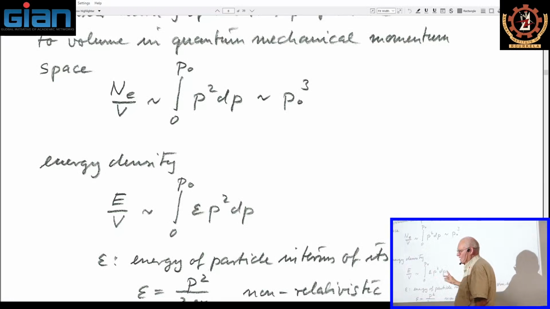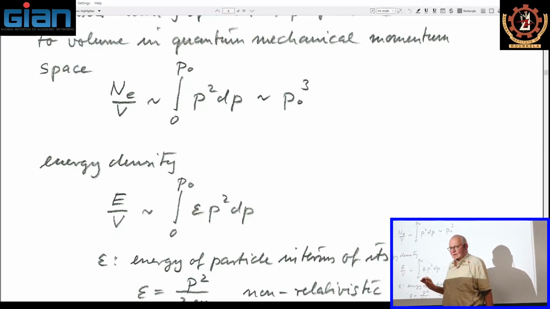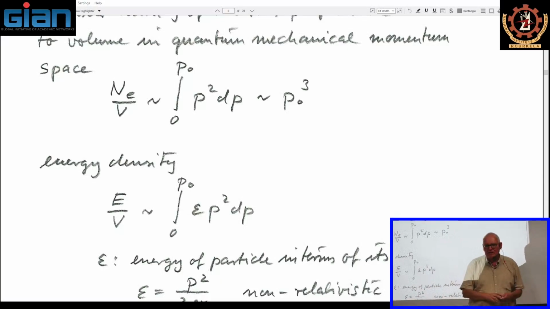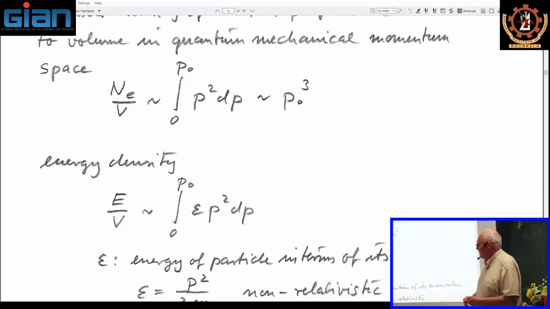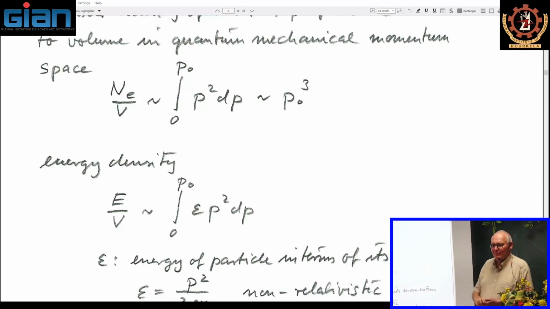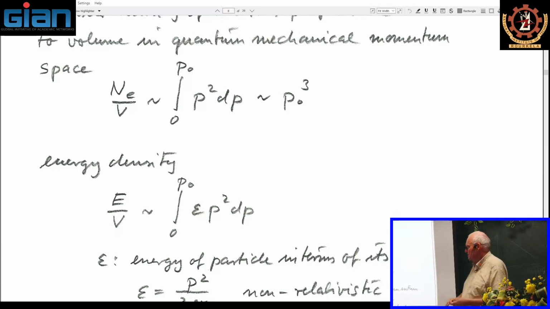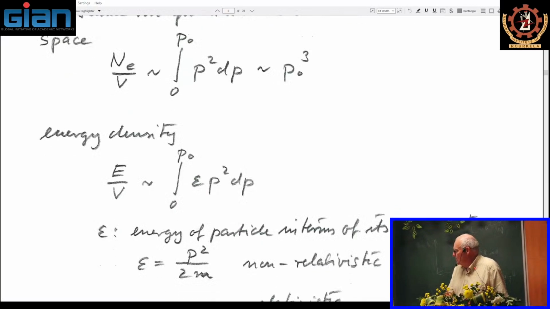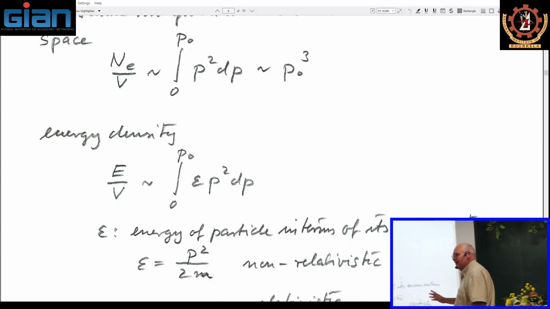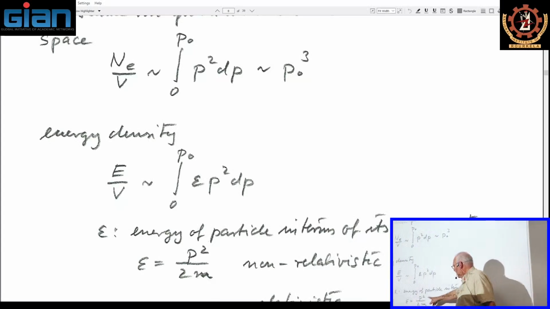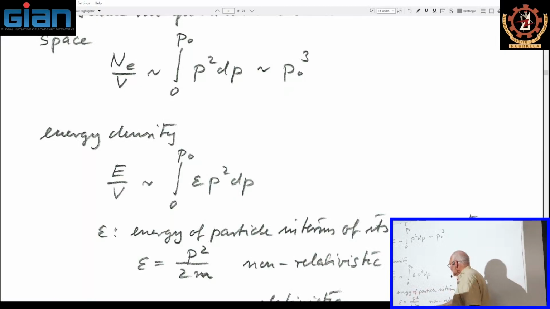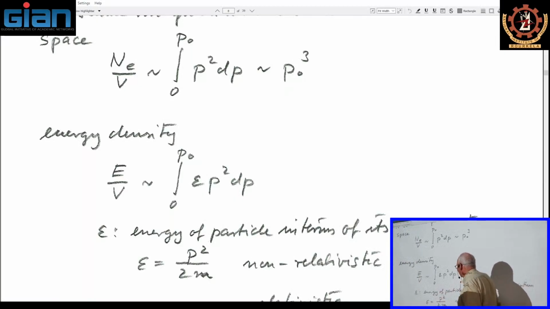Well, now we have to distinguish between the properties of the particles and the relation between the energy and the momentum of the particle. If the particle is a classical, non-relativistic particle, then epsilon, the kinetic energy of a particle, is given by the momentum squared over 2m. Is this known to everybody? The kinetic energy is given by momentum squared over 2m.